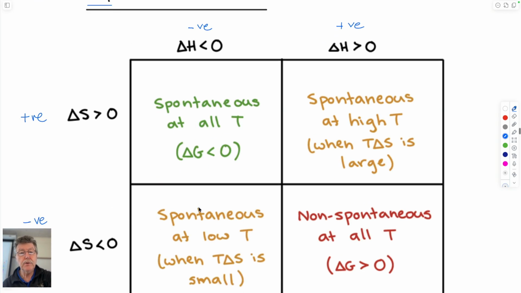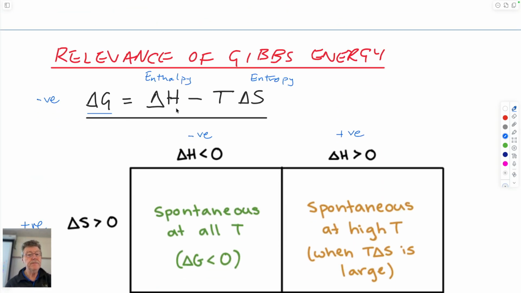So if you look at this one here, if enthalpy change is negative and entropy is positive, this is temperature, always in Kelvin, always has to be above 0. So this is always positive, not a change, but absolute. So to make this negative, we have negative enthalpy and positive entropy.